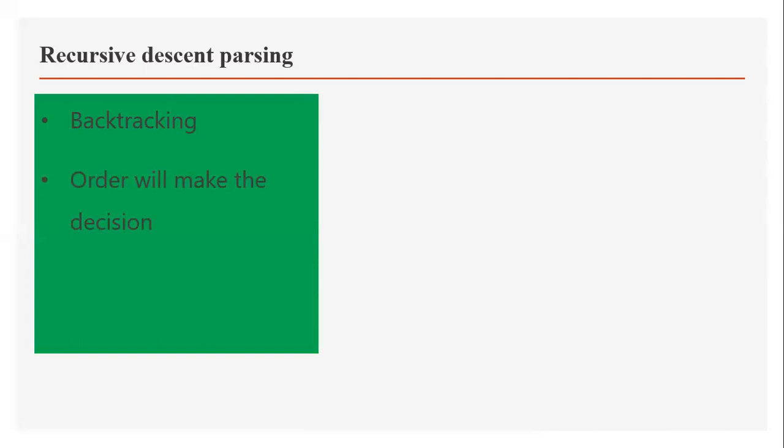If you consider the first production AB, you will end up with the correct answer. If you end up with the second production, you will end up with the wrong answer, is it not? So recursive descent parsing is not an efficient technique, even though for each non-terminal you are writing a procedure.